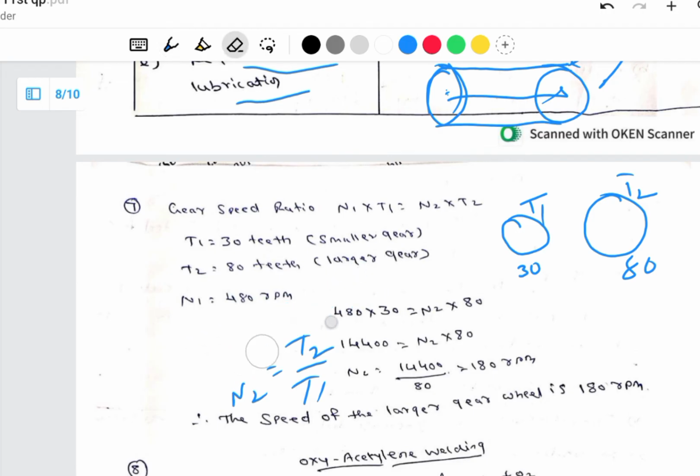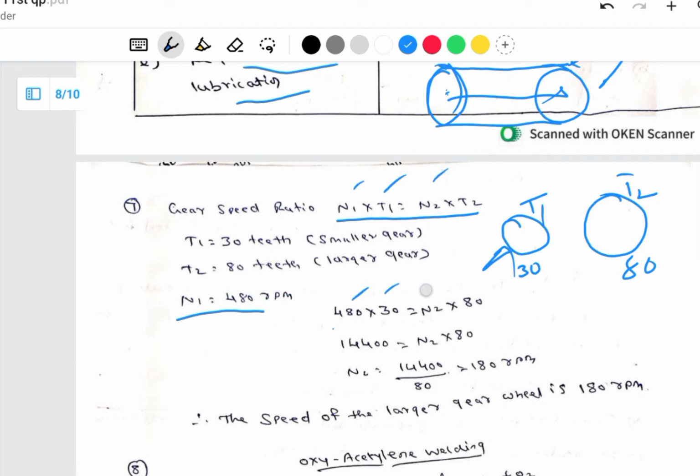Here you can see the formula has been used and rpm N1 is given, so the speed of the smaller gear has been given. 480 is N1 you are substituting, T1 you are substituting, then N2 you don't have, and you have T2. Whenever there is multiplication, 80 goes to the opposite side and it will be divided.